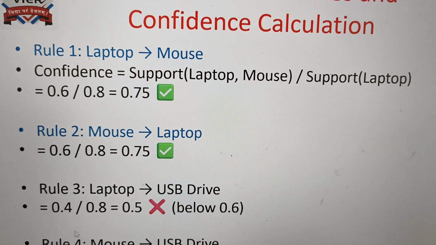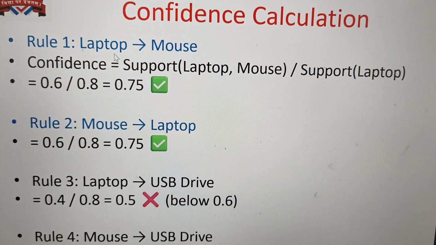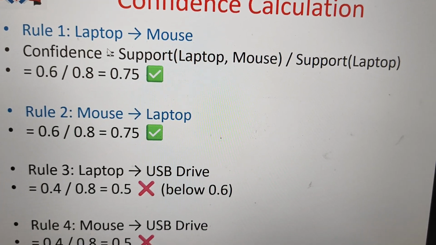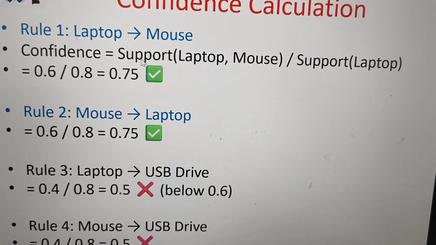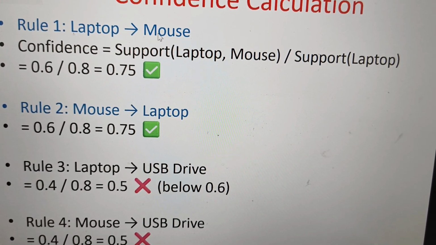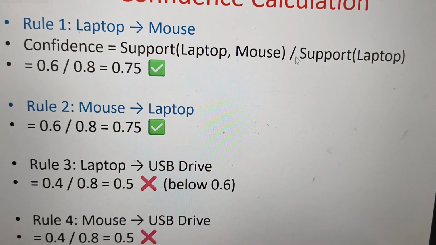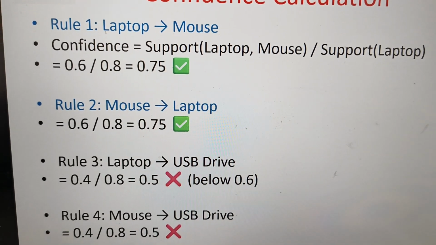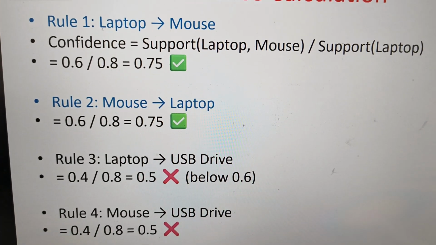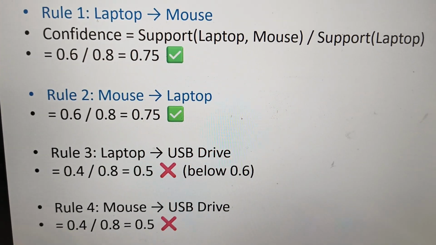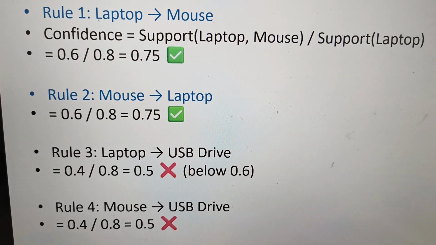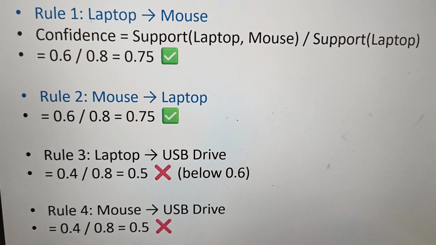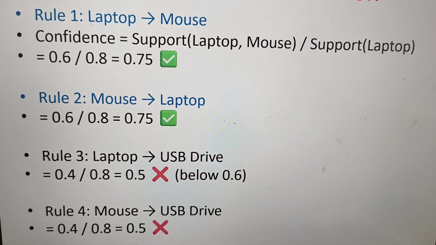If I have to calculate the confidence value for laptop to mouse, then the confidence is the support value of laptop and mouse divided by the support value of laptop. Now we have already mentioned the support values in the previous slide. So the support value for laptop and mouse is 0.6 and the support value of laptop is 0.8. So it is 0.75.